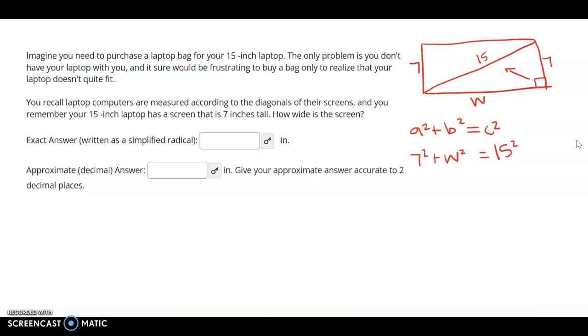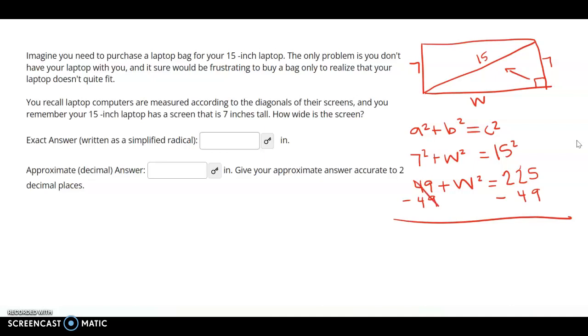So next we need to solve by order of operations. We need to solve for w. So first, let's go ahead and do the exponents. 7 squared is 7 times 7, or 49, plus w squared equals 15 squared, or 225. We want to solve for w, so we'll subtract 49 from each side.